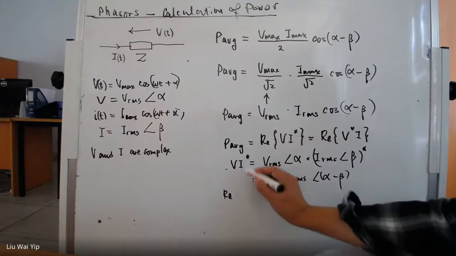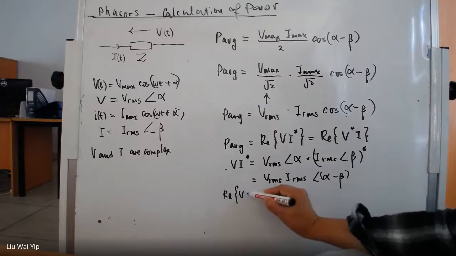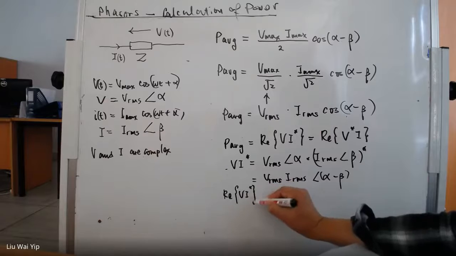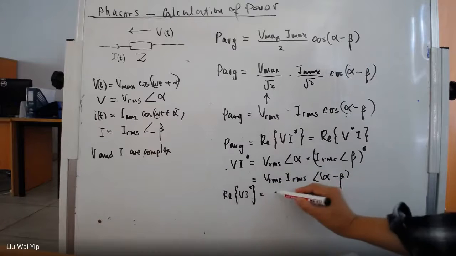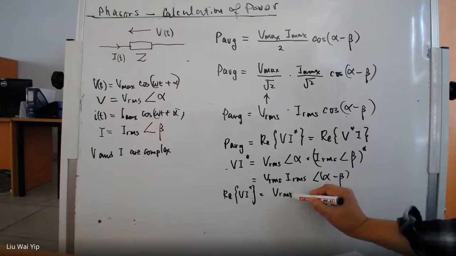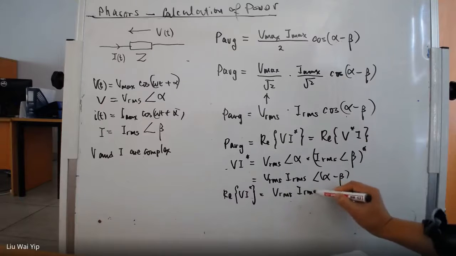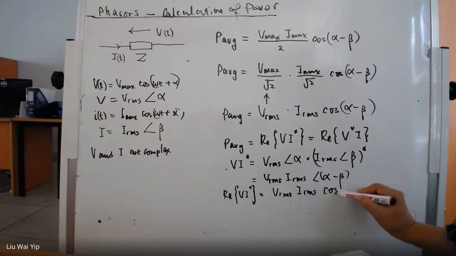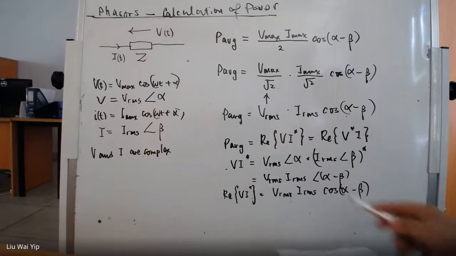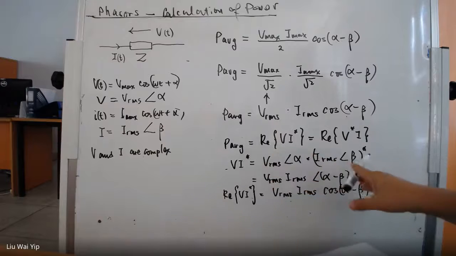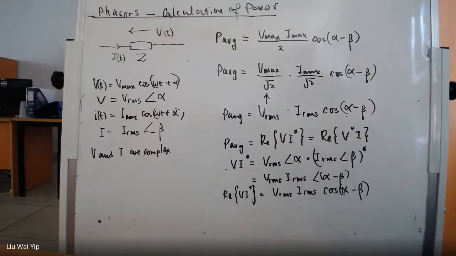If we take the real part of this, what we are going to get is cos of alpha minus beta. So we got it right. If you use this formula, we will find the power.